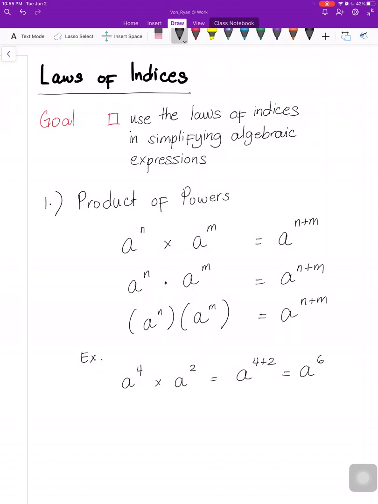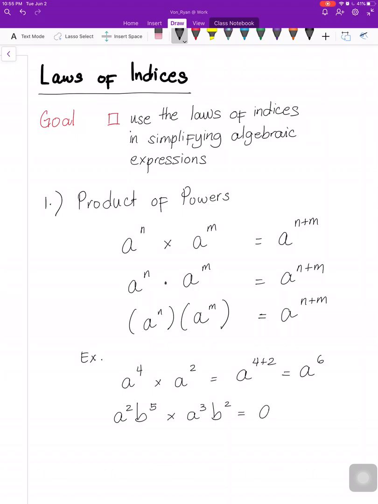If we have more than one variable, suppose we have a raised to 2, b raised to 5 times a raised to 3, b raised to 2, we apply the rule for individual variables. So we just use the rules for a's and b's separately. You don't combine the a's and the b's together.